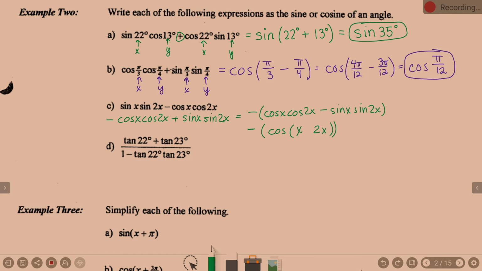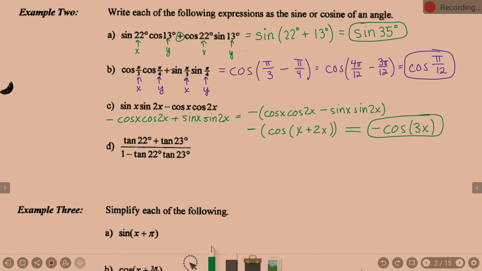This is cosine minus sine, and in the cosine identity it's the opposite of the middle sign, so it is adding. This works out to be negative cosine of 3x.